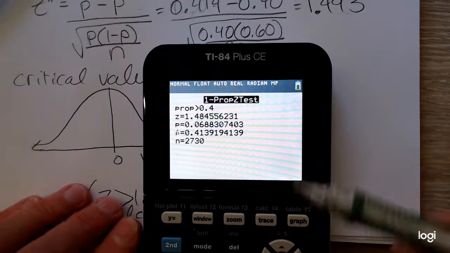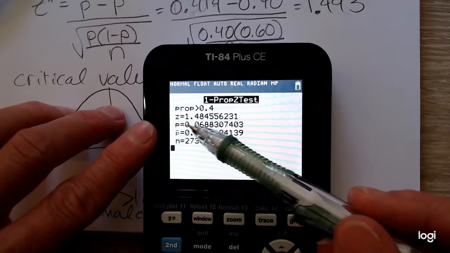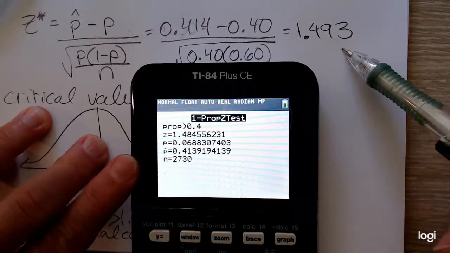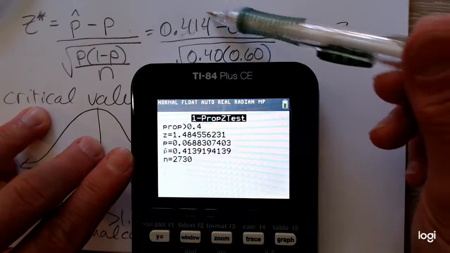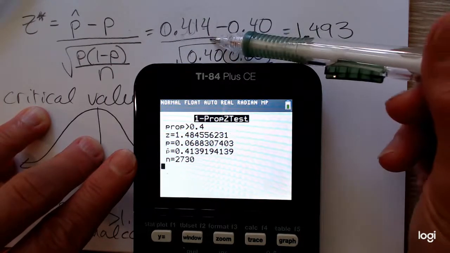Okay, so looking at the standardized test statistic, it is a little bit different than what I got when I did this quote-unquote by hand, but there is some rounding involved when you do the formula by hand.